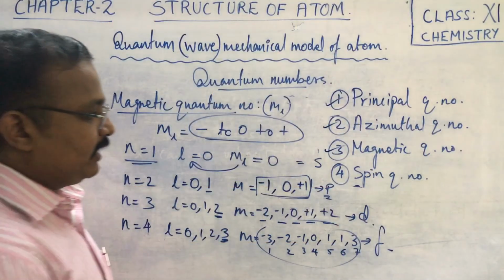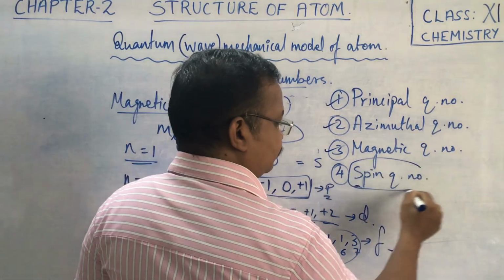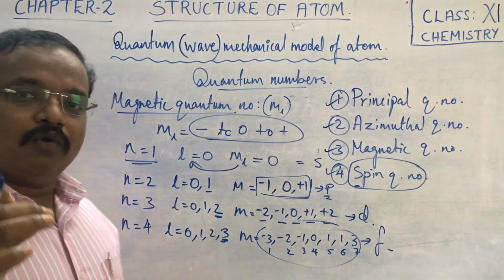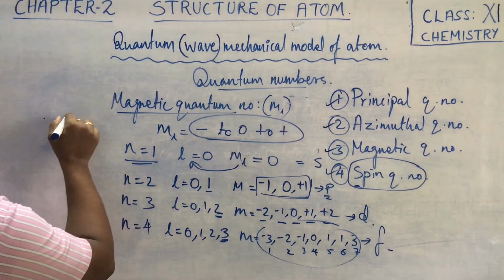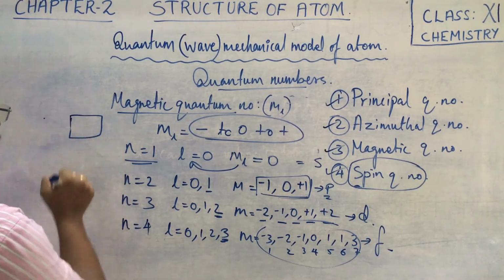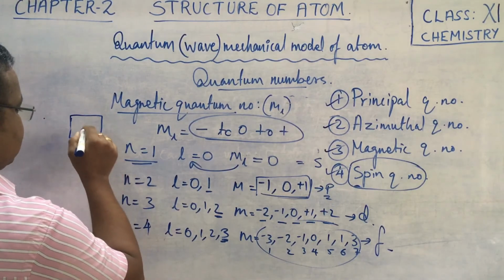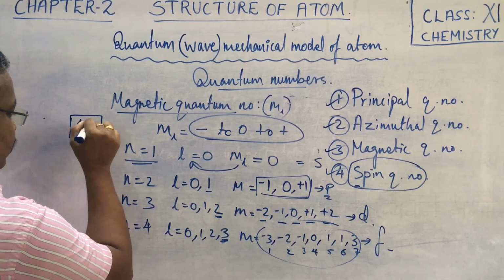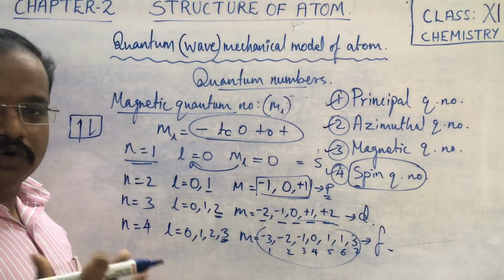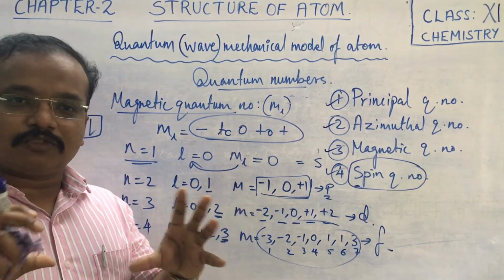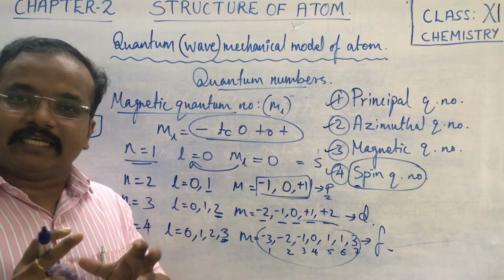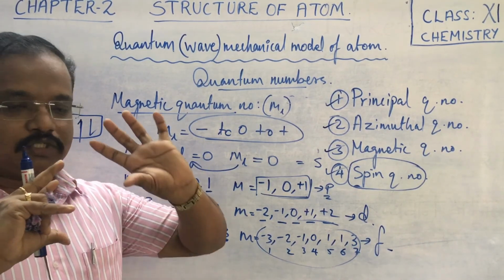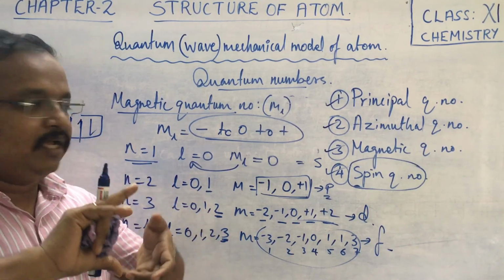And finally comes the spin quantum number. This spin quantum number explains how electrons present in one orbital are present. As I said, it will be spinning in the upward as well as the downward direction. So both the electrons will not be rotating in the same way. They will be spinning in opposite directions. One goes clockwise, and the other goes in the opposite direction.